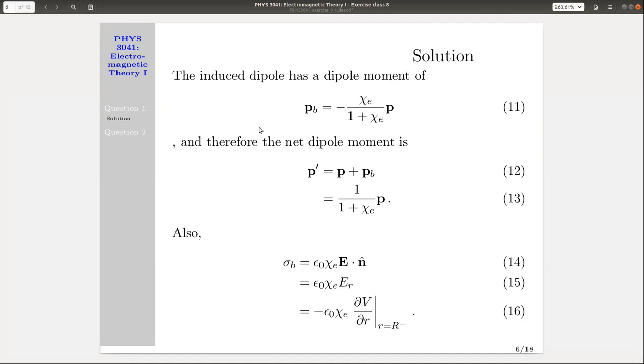Effectively, we can regard it as a superposition of two: one is a free point dipole and another one is an induced point dipole, and therefore the net dipole moment is just the sum of the dipole moment p and also the induced dipole moment, which is 1 over 1 plus chi e times the original.